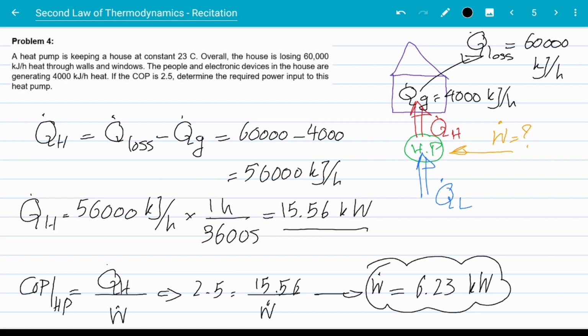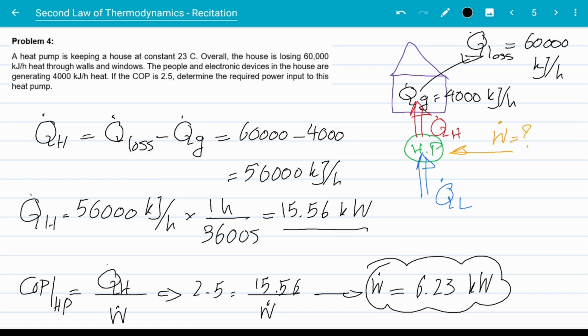So the key to these problems is that they are usually worded in a way that they don't directly give you the amount of Q dot H that the heat pump needs to produce, but they give you the amount of heat that the building is losing, or if there are electronic devices inside, if they have significant effect, the amount of heat that they are generating.